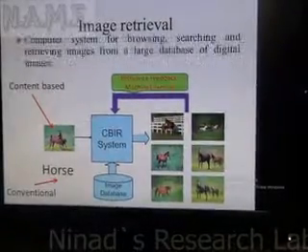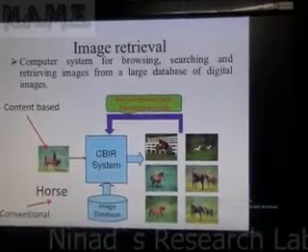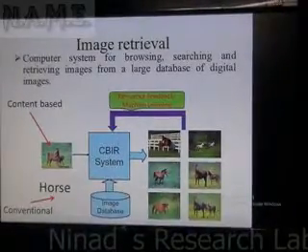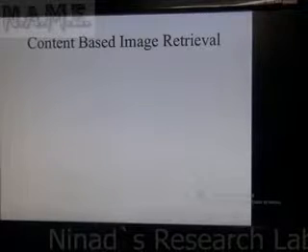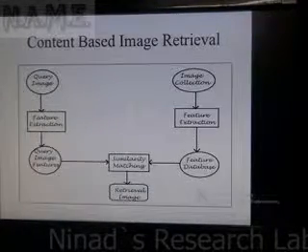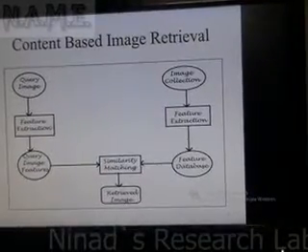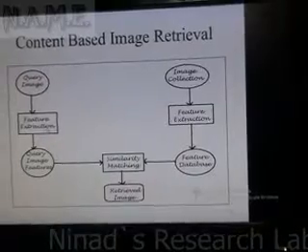As t tends to infinity, this system will become ideal, a human-like system. So image retrieval is basically a system for browsing, searching and retrieving images from a large database. Content based image retrieval is the main project topic. You have a query image as the input, and its features are extracted. What the features are, we will see later.